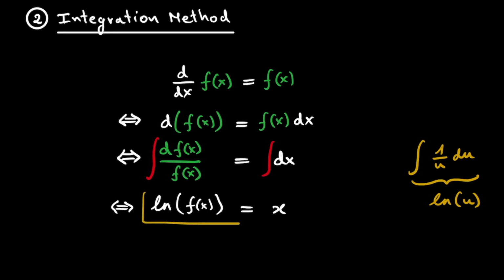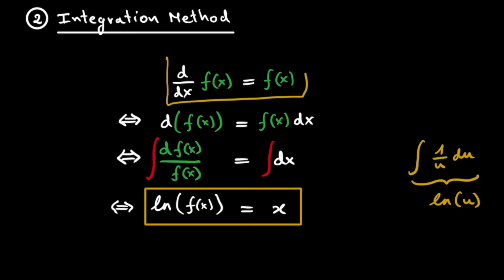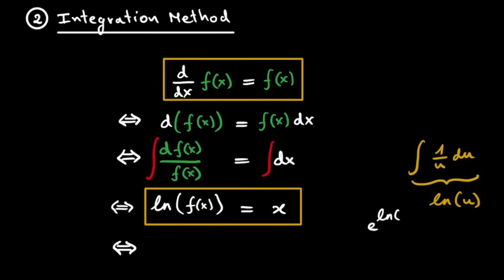And so what we see here is that we get an algebraic equation for our function f of x, where initially we had a differential equation, so an equation with a derivative in it. We can solve this algebraic equation very simply by just exponentiating both sides of the equality sign. We know that e to the power of the ln of x is simply x itself.